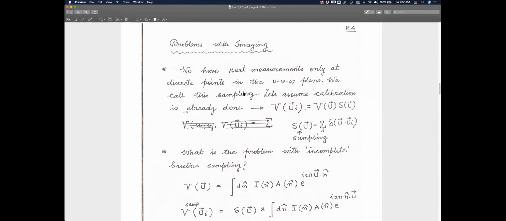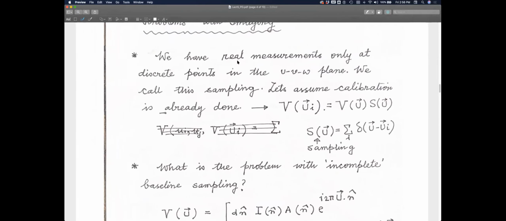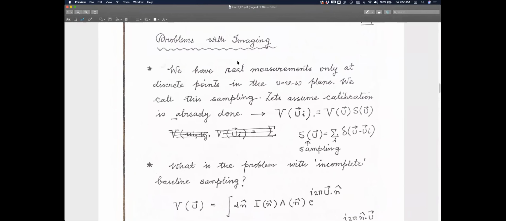But let's discuss further problems and some techniques which are more relevant to low frequency observations, like for LOFAR.